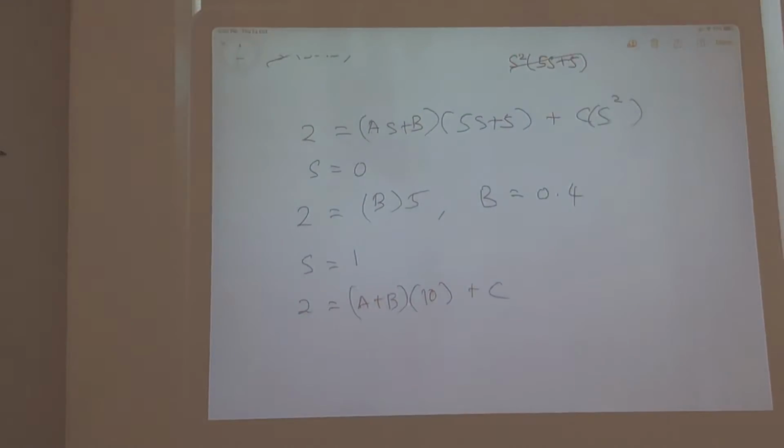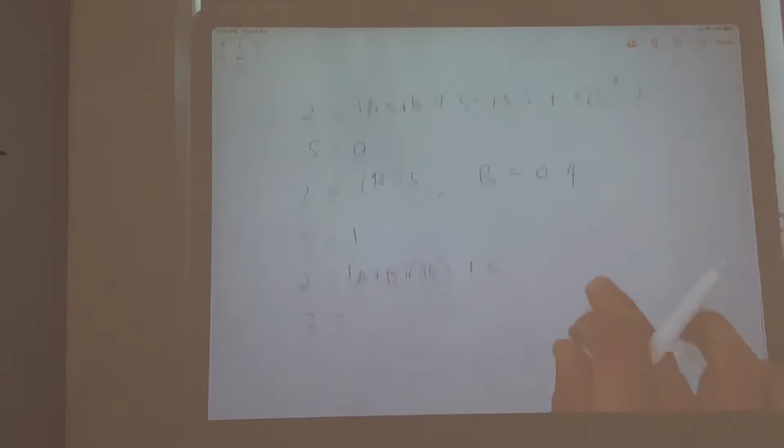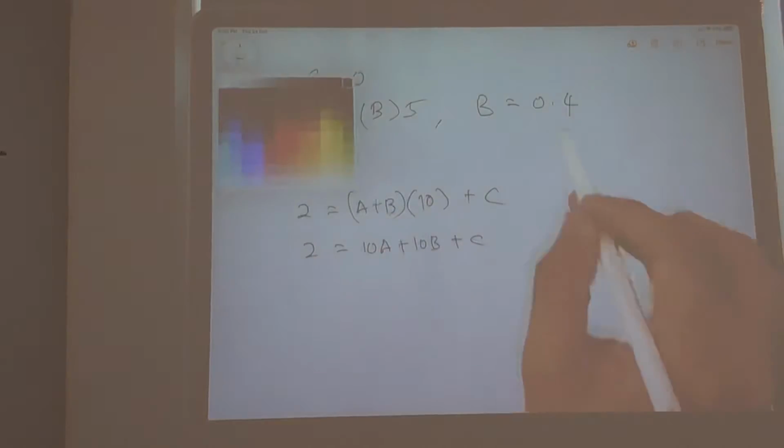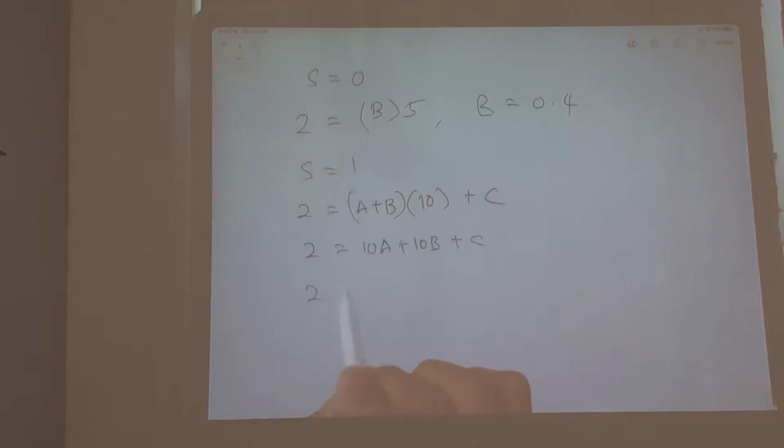Plus C. Okay, I expand this one. I got 10A plus 10B plus C, right? B I know is 0.4. So 2 equal to 10A plus 4, right? Plus C. This is one of my equation, right? I assume S equal to 1.